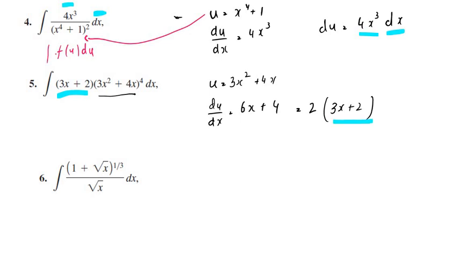So now du is equal to 2 times 3x plus 2 dx. So we have the 3x plus 2 dx here.